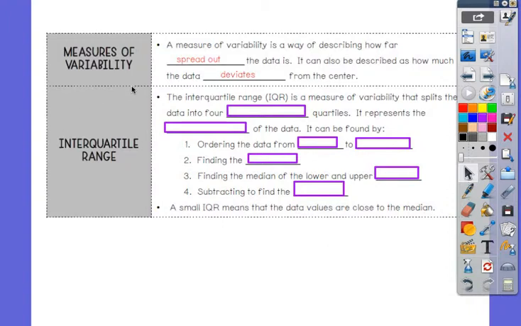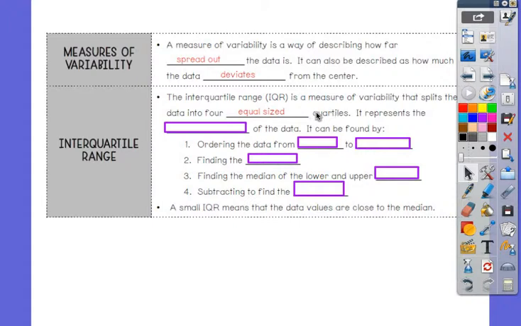So we have something called an interquartile range. The abbreviation for that is IQR. And it is a measure of variability that splits the data into 4 equal size quartiles. That kind of sounds like quarters.